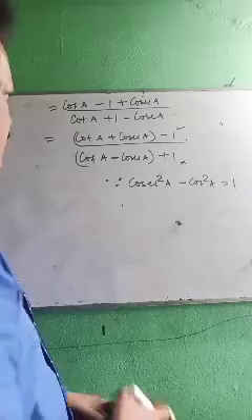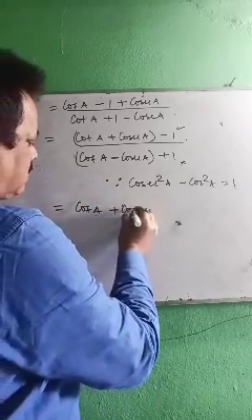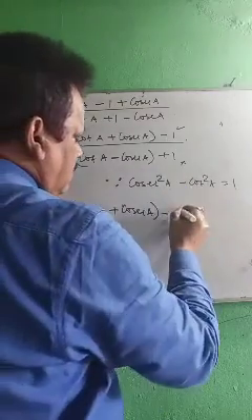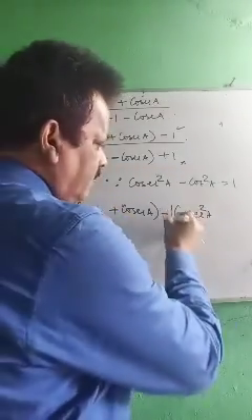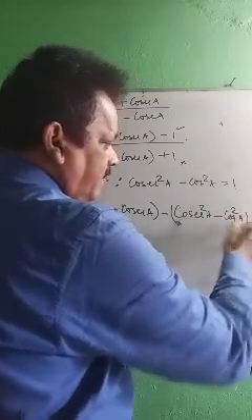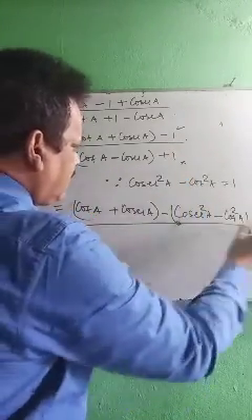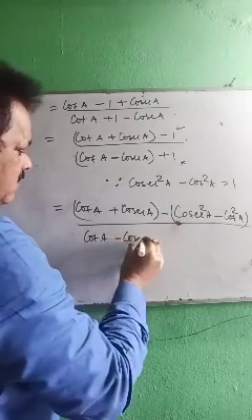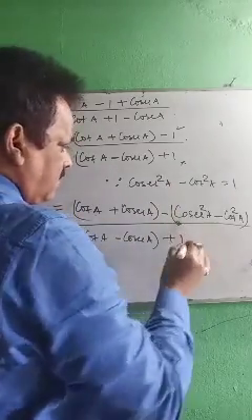So for this one you write cot A plus cosec A minus, for this, cosec square A minus cot square A, divided by cot A minus cosec A plus 1.